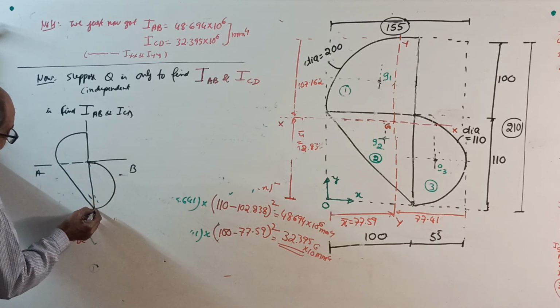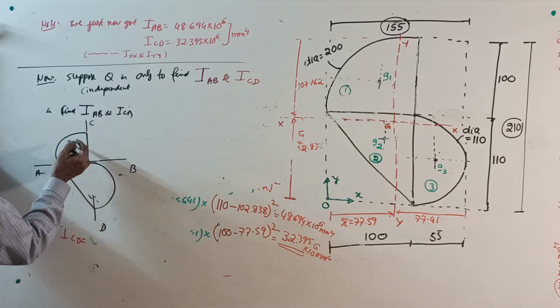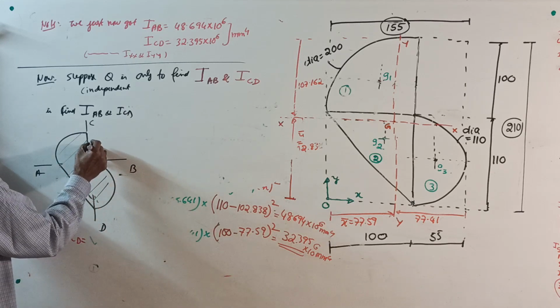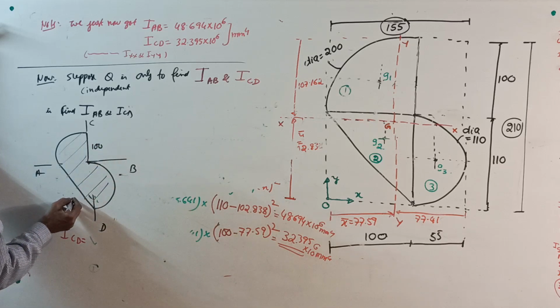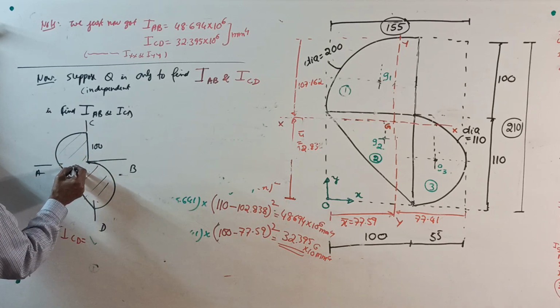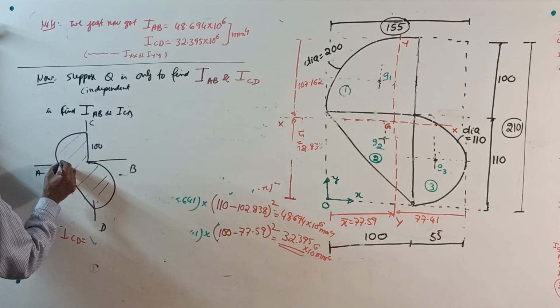The question once again. This is CD. Nothing given here. They told this is 100, and another given is 110. This is 110. Where is 110 given? Here, this is 110.